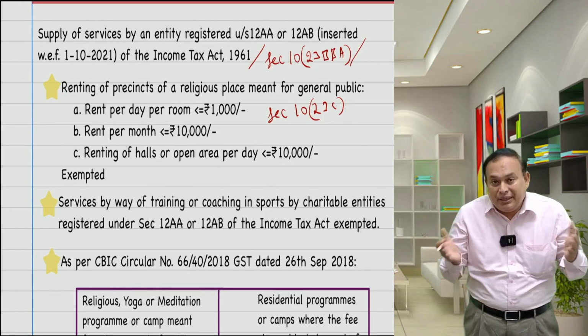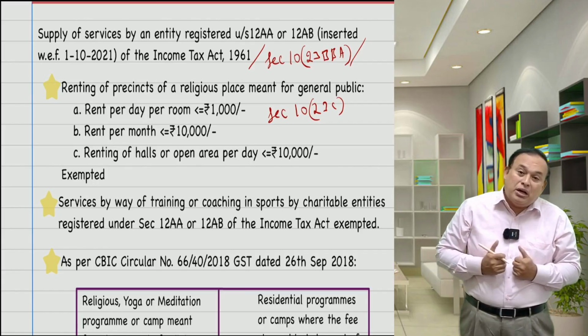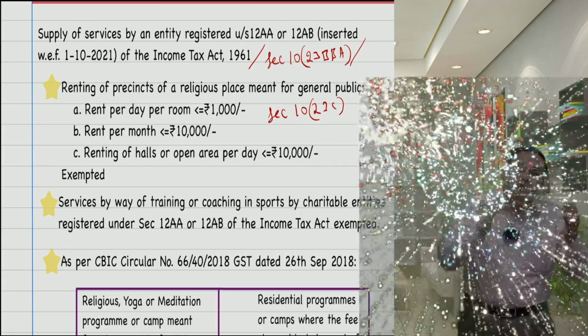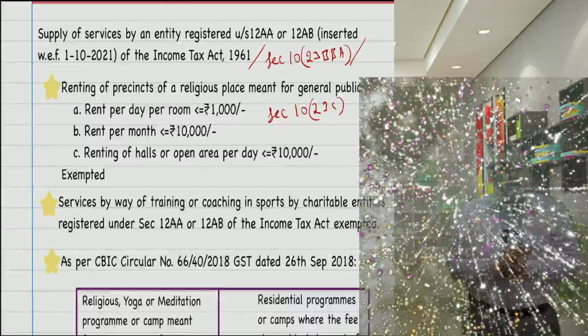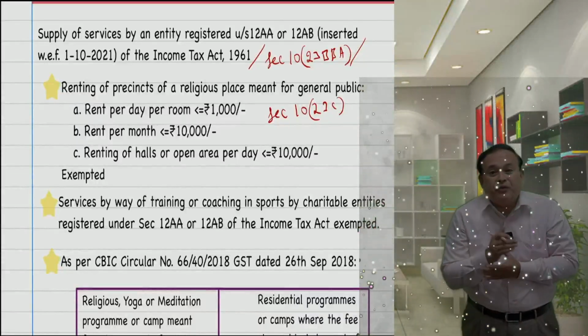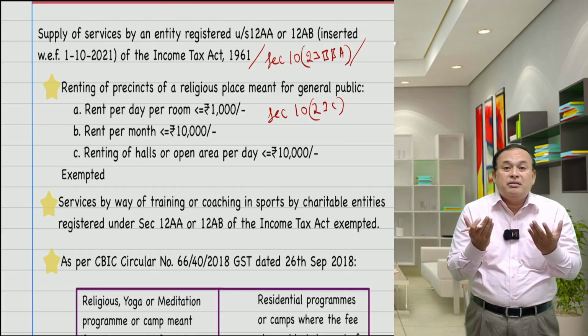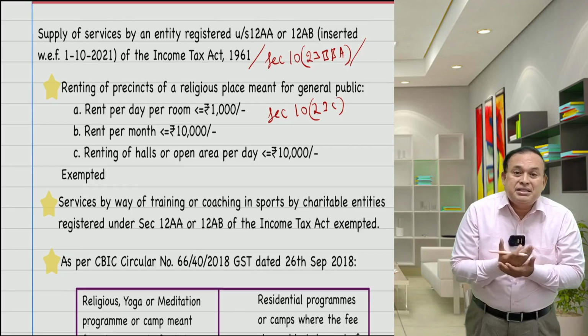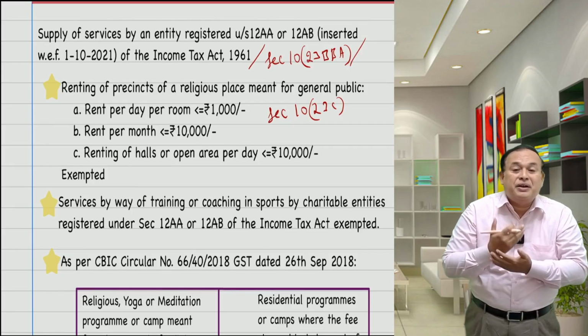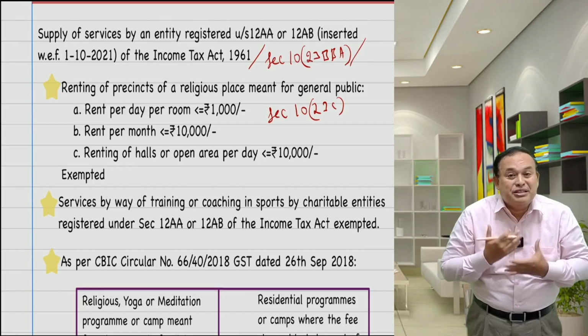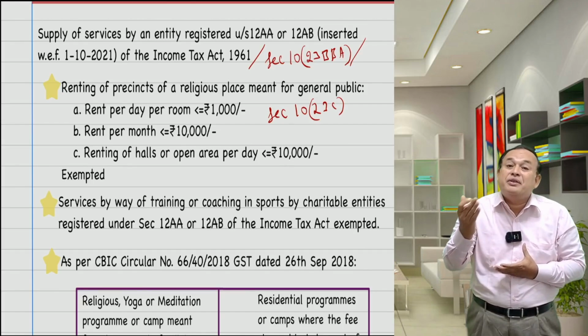If these organizations own a religious place, first point, the religious place should be meant for the general public. Meaning what? If a Vinayakar Koil is inside of a factory premises, Lord Vinayakar is there inside of the factory, a big temple is there inside of a factory premises.